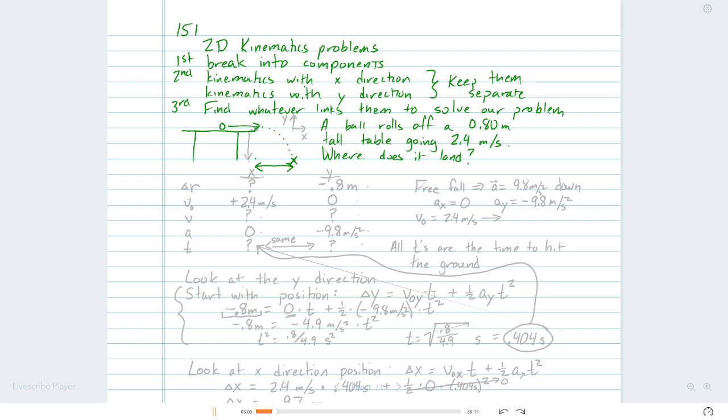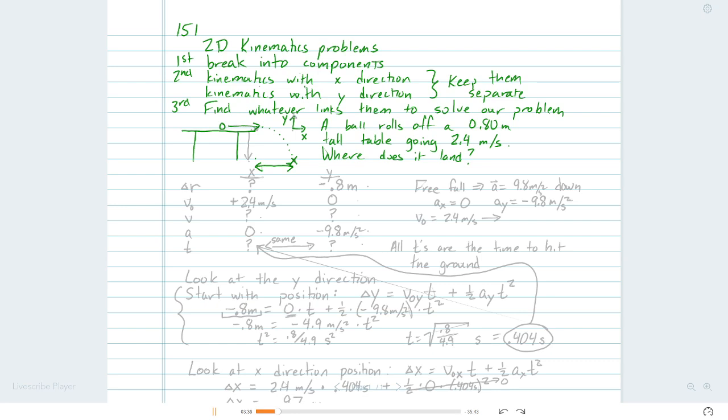So we're going to look at this. We're going to set up x and y components. In this case, I'm going to put x going across and y going up. And I'm going to make my list of things that I know and things that I don't know in the x direction and in the y direction.